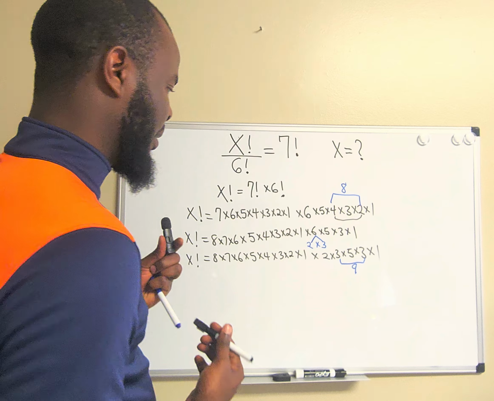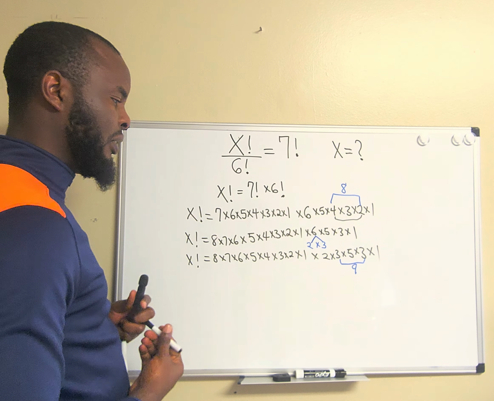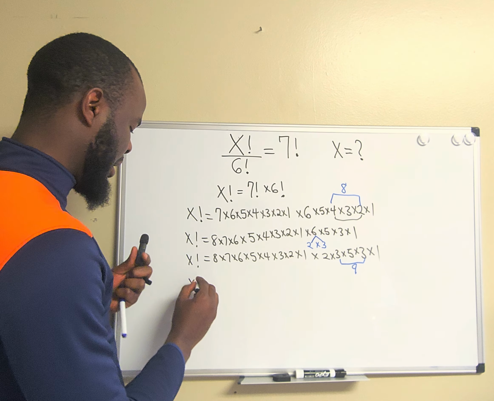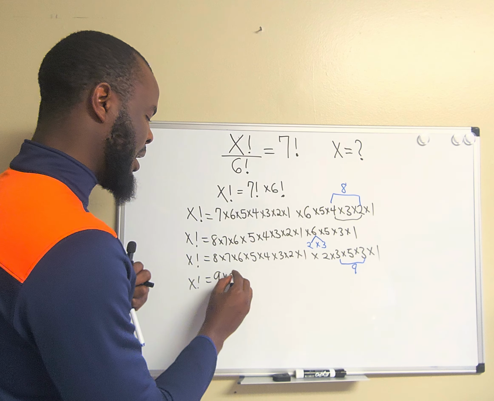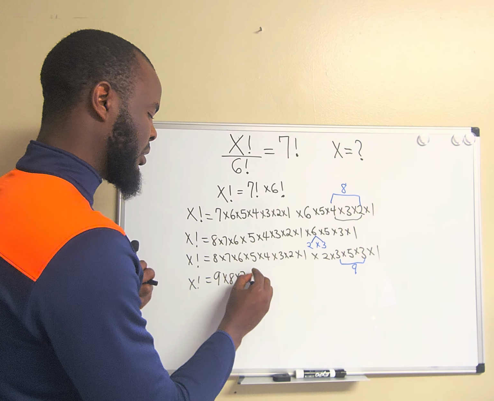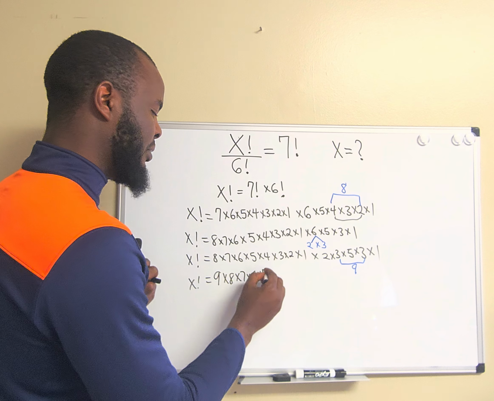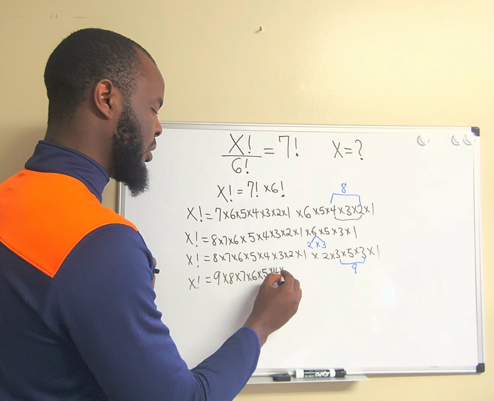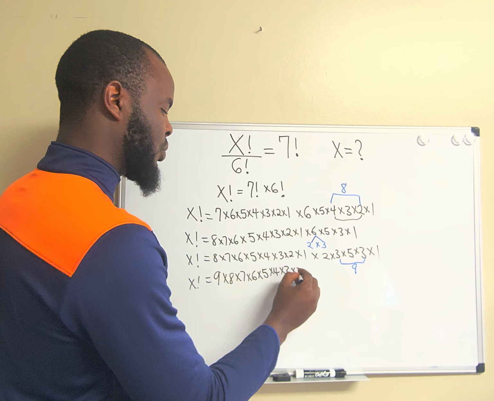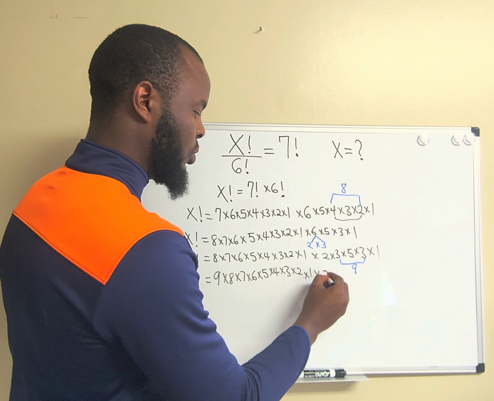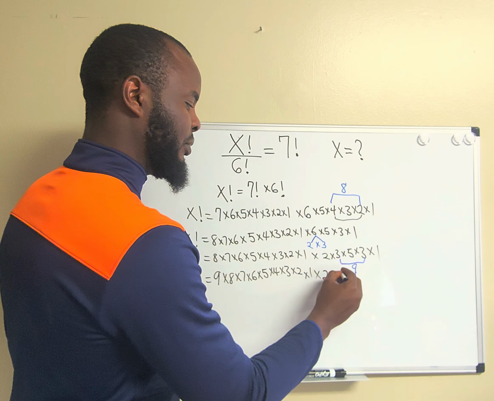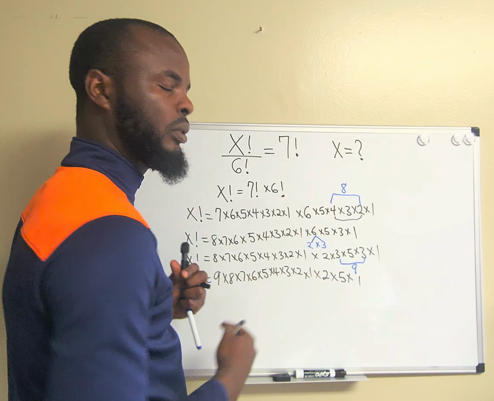Now, bringing this 9 down here, I have my x factorial equal to 9 times 8 times 7 times 6 times 5 times 4 times 3 times 2 times 1 times 2 times 5 times 1.